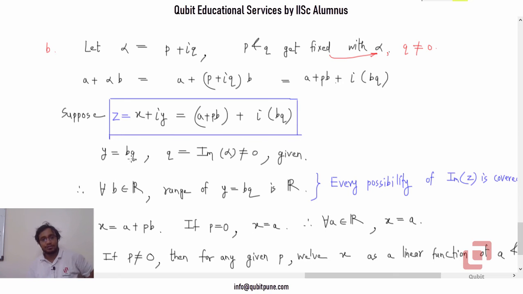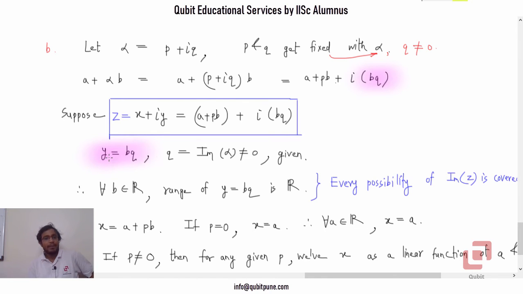Now let's focus on y, which is bq. We know that q can't be equal to 0. What does this mean? This basically means that for every real number b, we are covering every value of y.